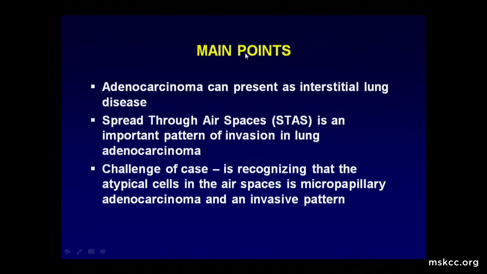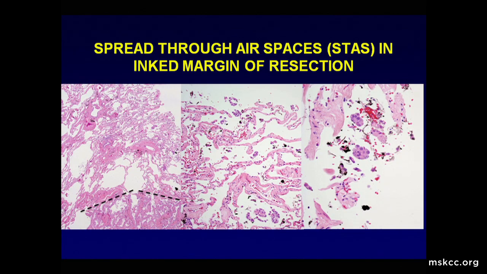So the main points in presenting this, I presented this at the USCAP. We said that adenocarcinoma can present as interstitial lung disease, and that at the time we regarded this pattern of STAS as an important pattern of invasion in lung adenocarcinoma. And the challenge is recognizing that those atypical cells are actually micropapillary adenocarcinoma, and then it's a pattern of invasion.